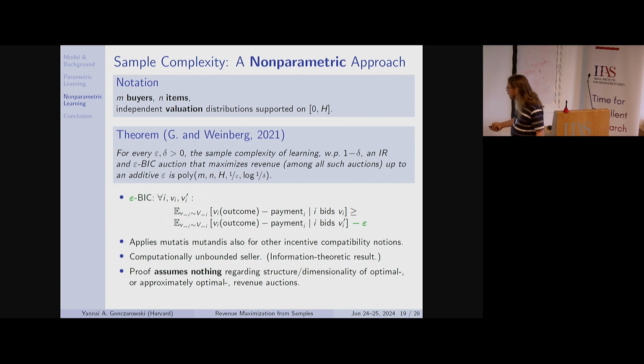The second thing is, if your procedure for finding this auction is publicly available, then they can be convinced as much as you can that it's epsilon BIC.